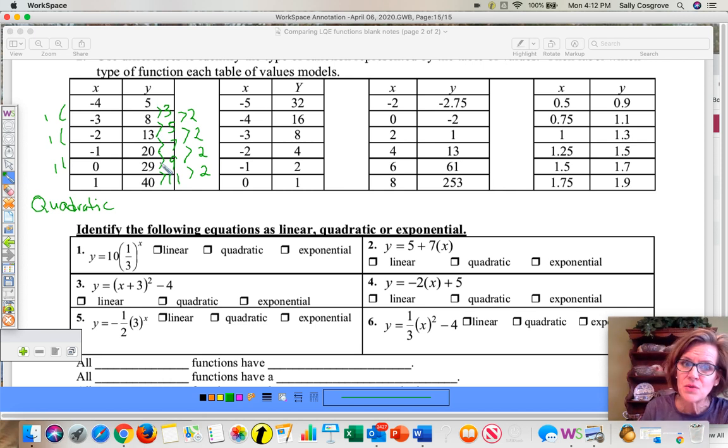The y values are just getting bigger. So we don't see the turn. We don't see the change in direction. But from the table, we can see that first differences are not the same, but second differences are. So it's quadratic. How do we know it's quadratic? It has same second difference.